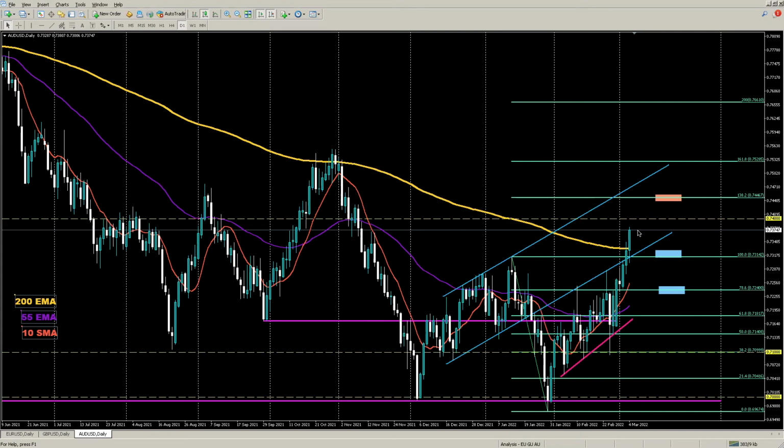And this is all because of higher commodity prices. So the Aussie dollar is going to benefit from that. So that's why the rally for the Aussie dollar, and it all started from the start of the week. Even though it started on Monday, on Tuesday the RBA did not change anything, left everything unchanged, and it just paused on the Tuesday, but then continued to rally again from Wednesday onwards.